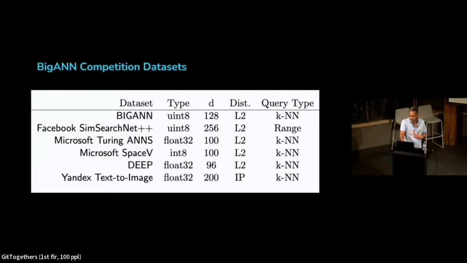And one thing I should say about the range search data set contributed by Meta, range search is when you provide a threshold and you're just trying to get all the neighbors within that threshold instead of a top K. But a good set of data sets for a competition that range from ints to high precision floats.